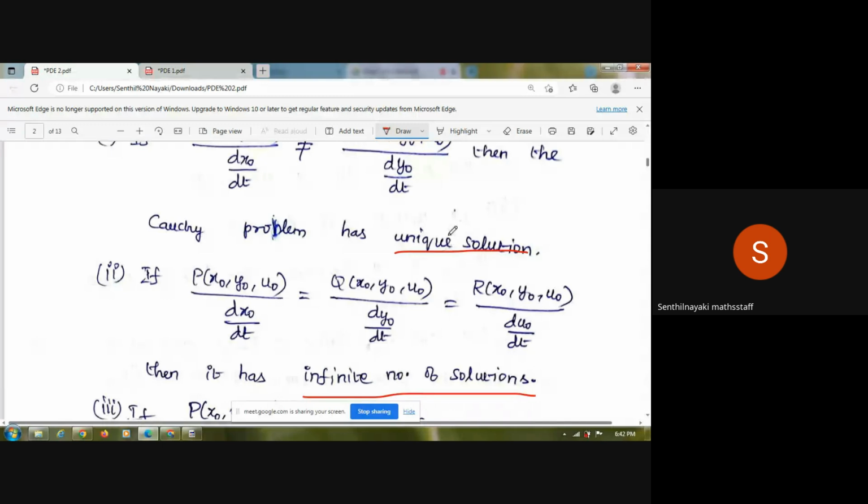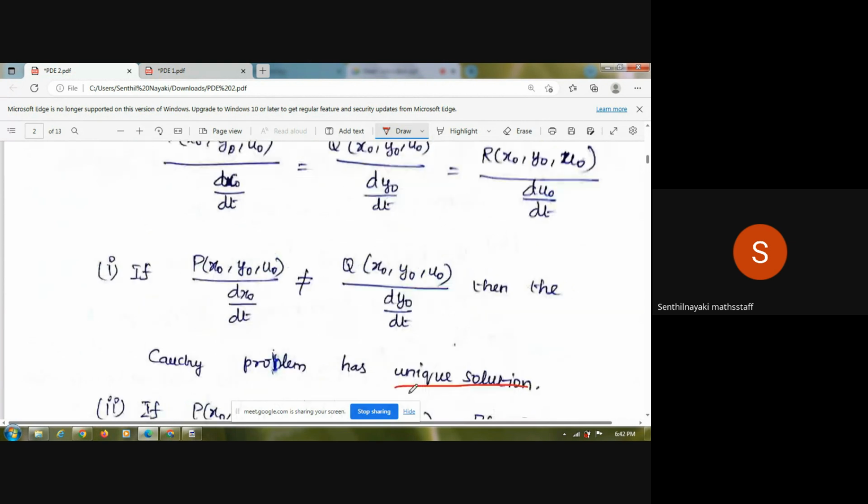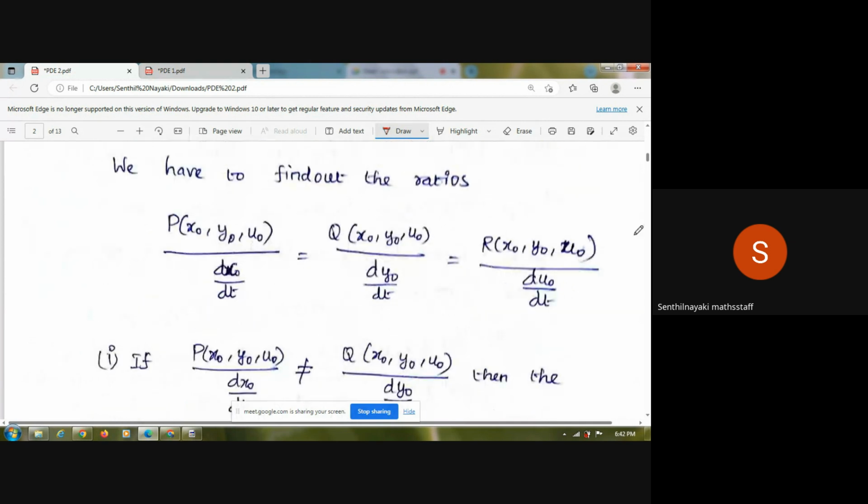Let us discuss in which situation each type of solution exists. For this we have to find these values: P by dx naught by dt, Q by dy naught by dt, R by du naught by dt.